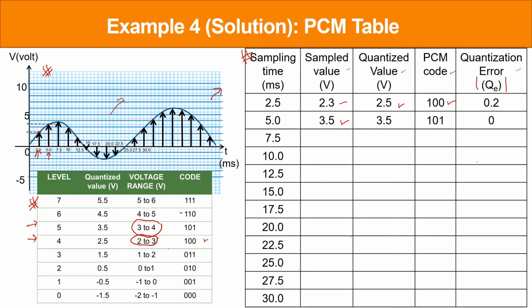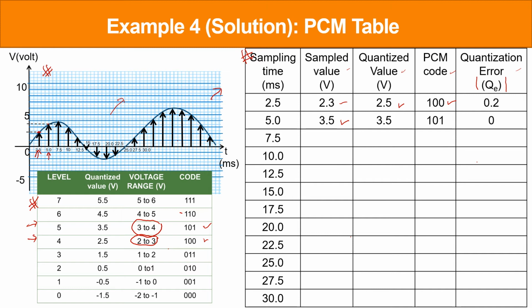So the quantized value is 3.5 and the PCM code is 101. And the quantization error is 3.5 minus 3.5, which is equal to 0.